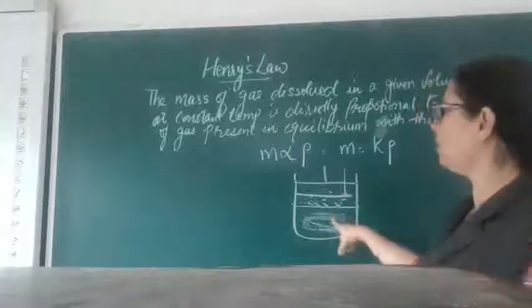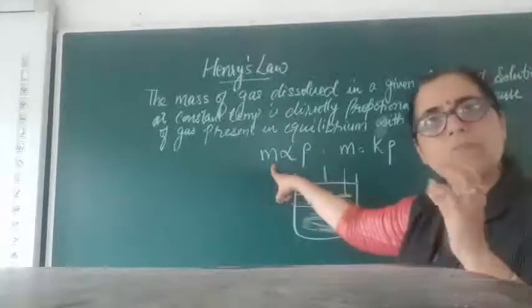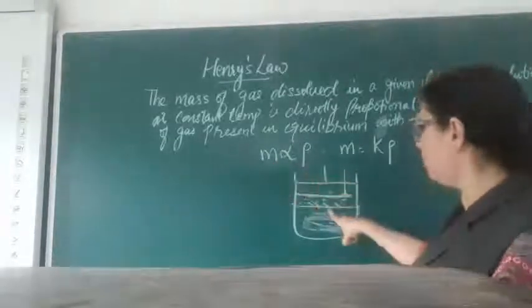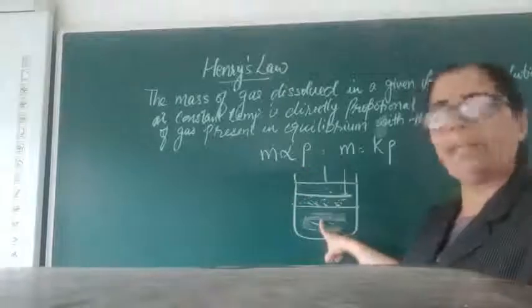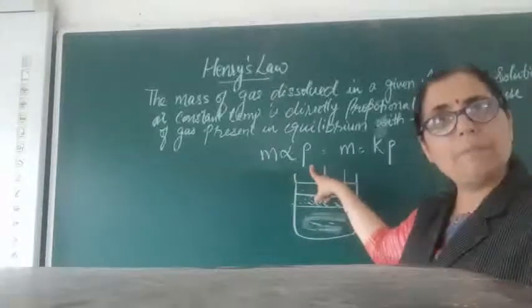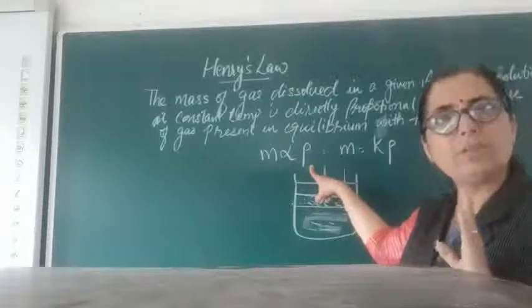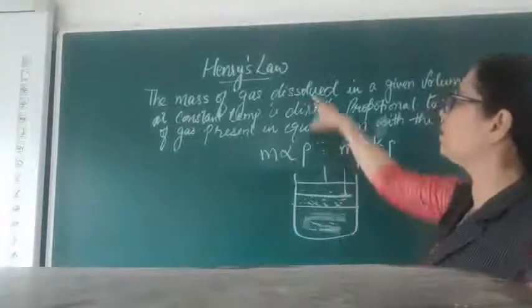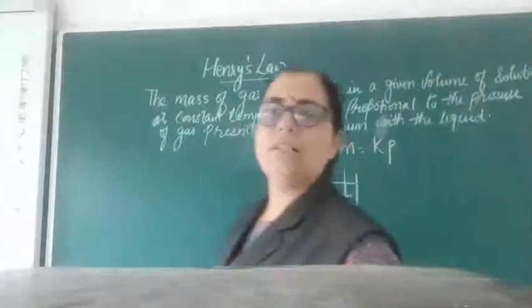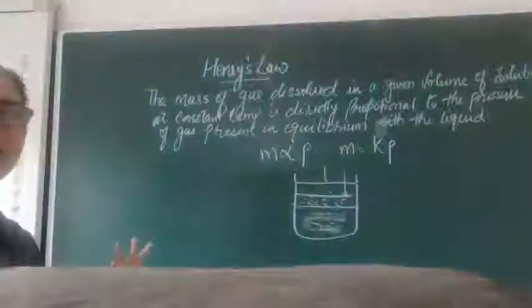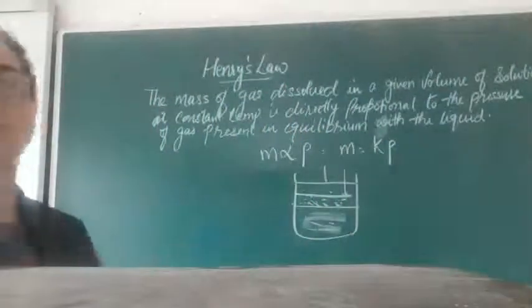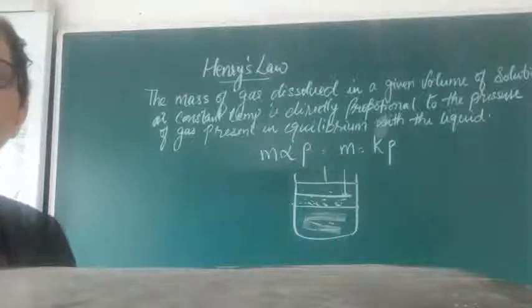At that particular time, the mass of the gas, the amount of the gas that is soluble in the given amount of liquid at a fixed pressure and temperature, that state is known as Henry's law.